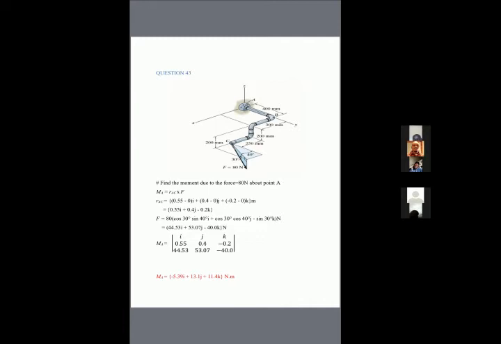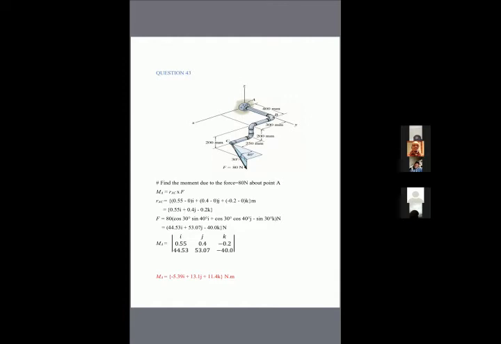So our force vector happens to be 44.53i plus 53.07j minus 40k Newton, because the unit for the force there is Newton. So our moment will finally be the determinant of this matrix here, where the first row is actually i, j, and k, which are the unit vectors.